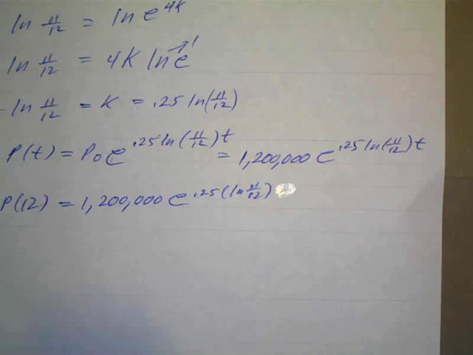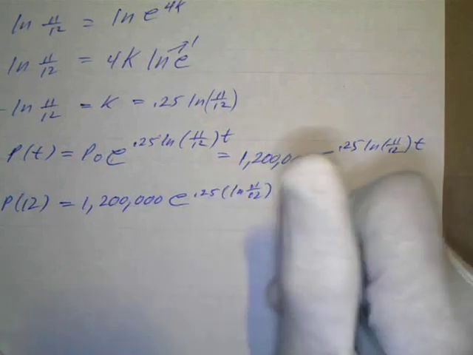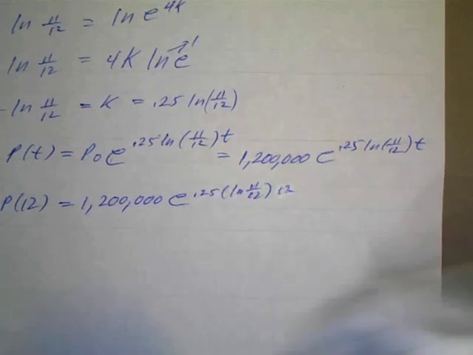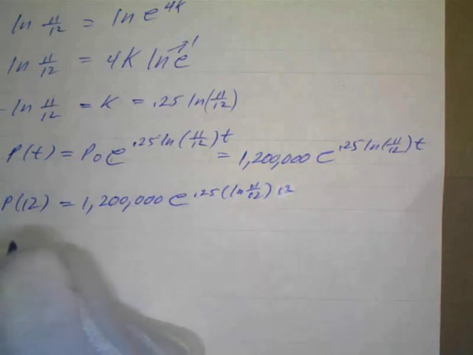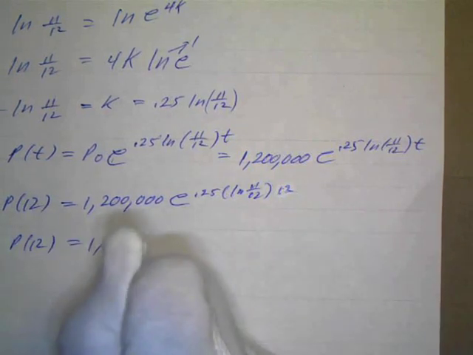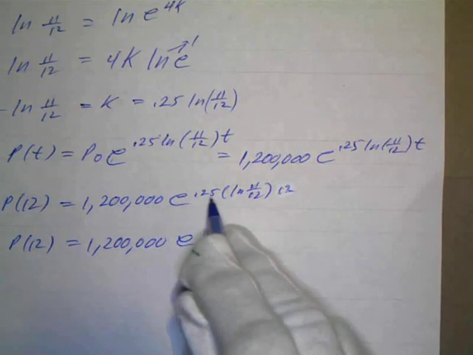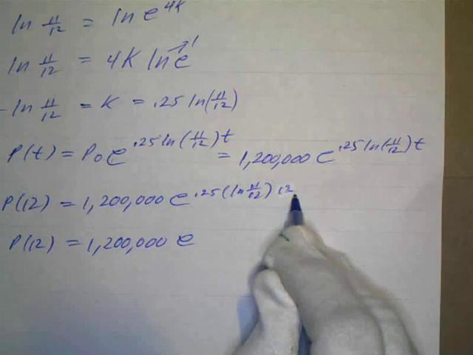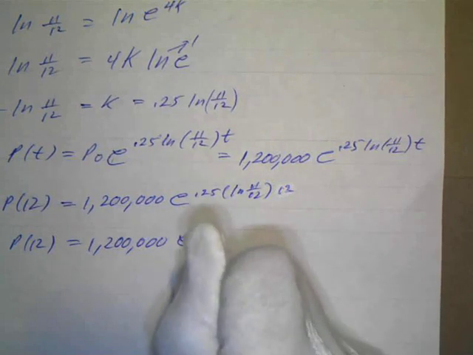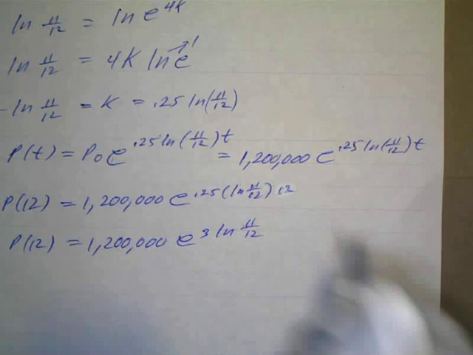You're not going to have to put as much into the calculator because 0.25 is the same thing as 1/4, and what's 1/4 of 12? That's just 3. So I could rewrite this as P of 12 equals 1,200,000 times e to the 3 times ln of 11 over 12.